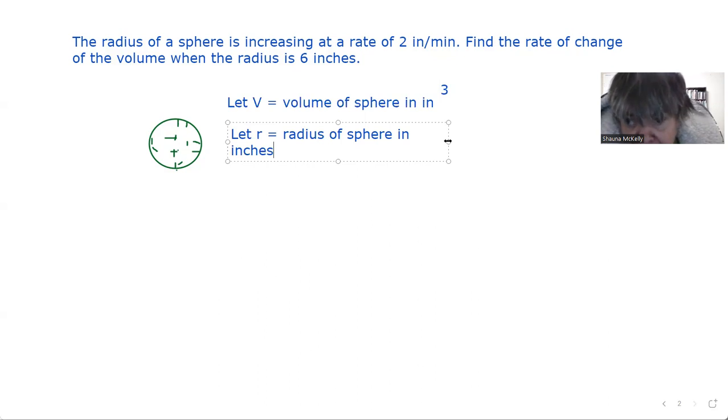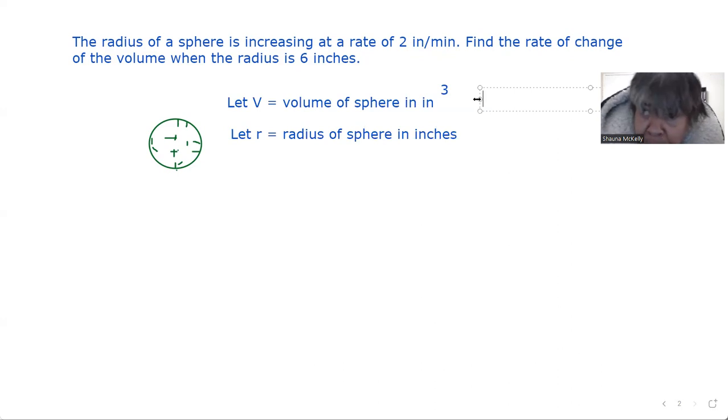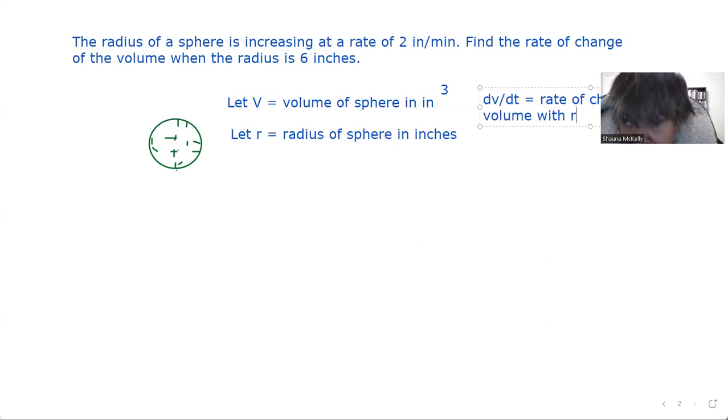Now, all of those variables are going to have rates attached. All of my variables in a related rates problem will have rates attached to them. So dV/dt is going to be the rate of change of volume with respect to time.